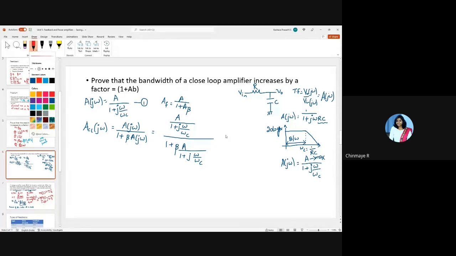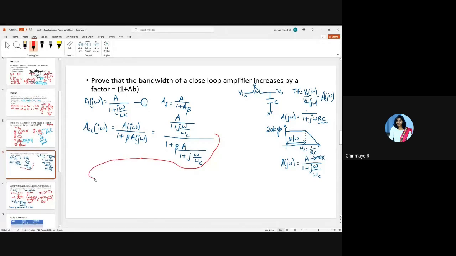Let me rewrite that down here. This equation can again be rewritten as A divided by 1 plus A beta plus j omega by omega c.